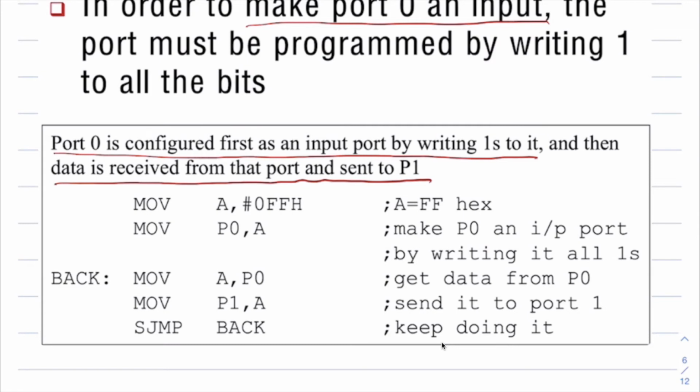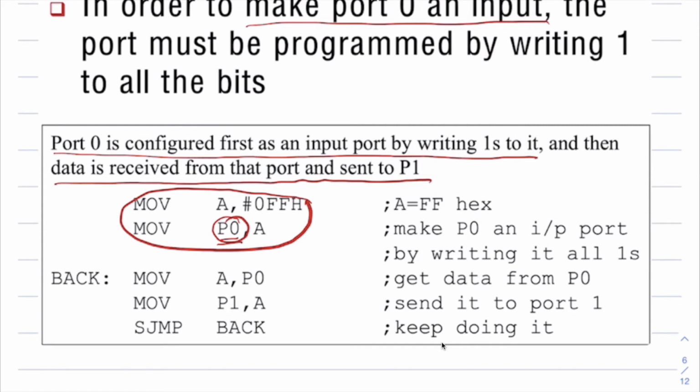So what we do here is we first write FF to port 0. Why are we writing FF to port 0? To configure this port as an input port. So these two lines together are used for configuring port 0 as an input port. When you write FF to port 0, this is moving FF to A and moving A to P0, as if we are moving FF to P0.